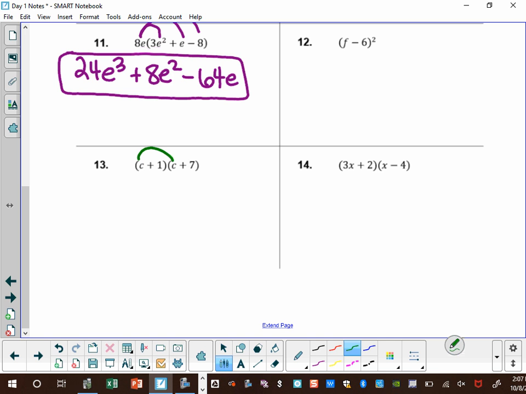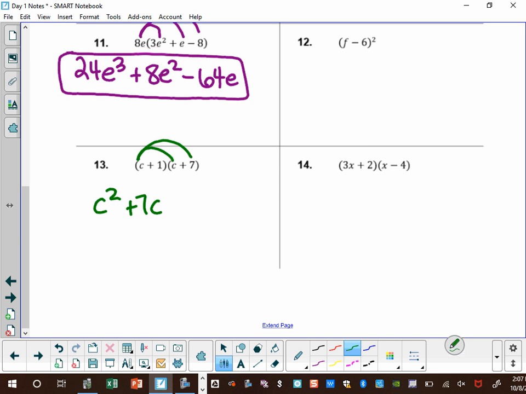Okay, first to first. So what's C squared, or what's C times C? C squared, good. And now my outer numbers would be C times positive 7. What's 7 times C? 7C.